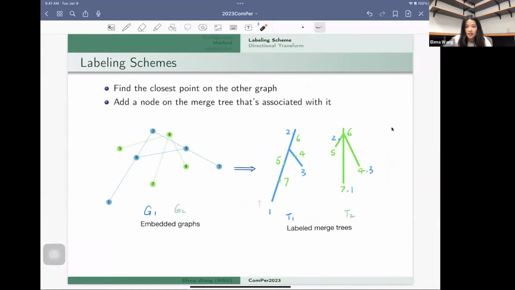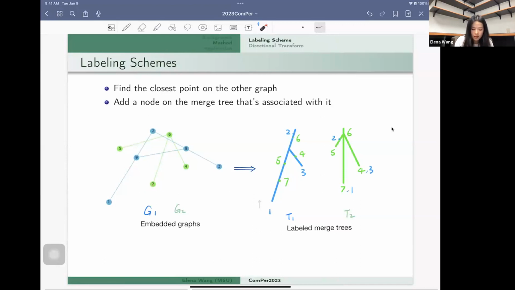So after we find the set of extremal vertices, we find the closest point to all of these extremal vertices on the other graph. Just take one as an example. If we pick this vertex 7 from G2, we find its closest point on G1 via Euclidean distance. So it'll be this point right here. And we add a node on the merge tree that's associated with G1 at the same height.